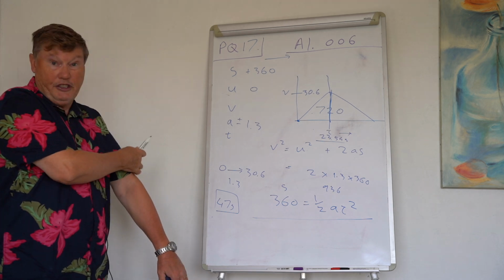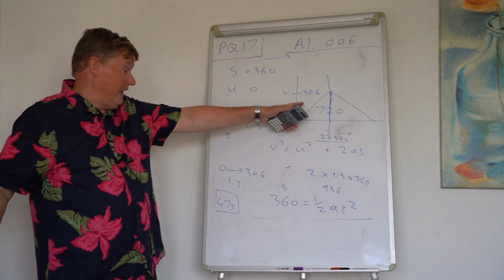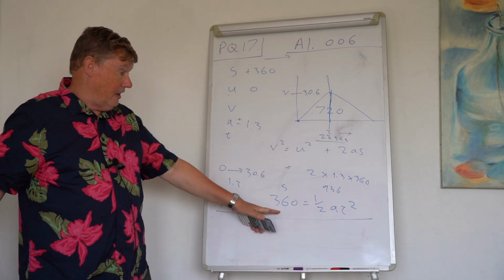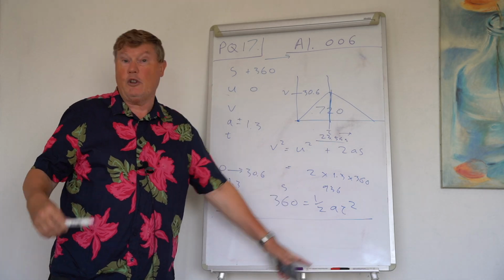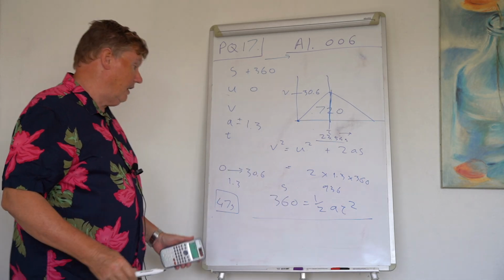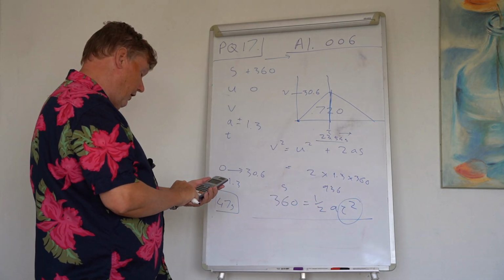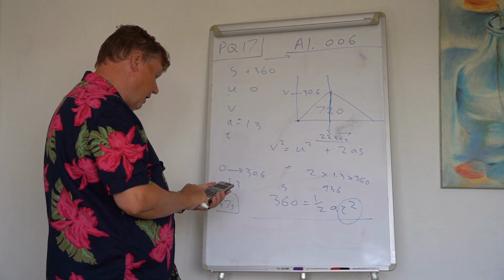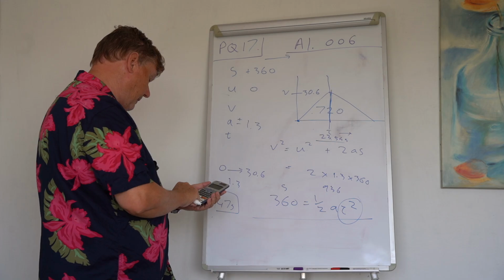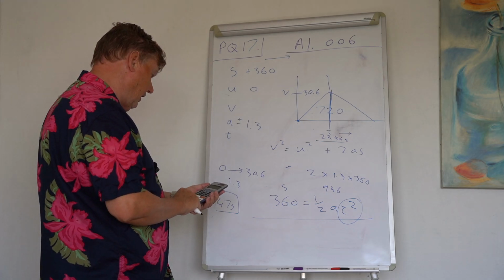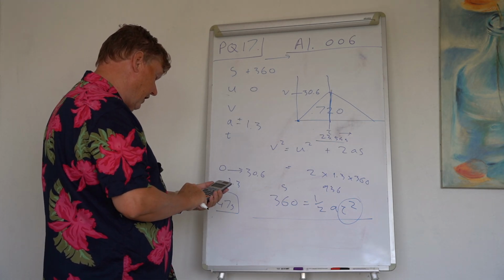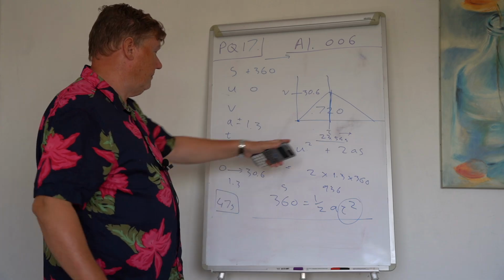So the way I would do it actually is to draw the thing, write that down and find t first. But they wanted you to find v first. It doesn't really matter. So if we try to find t from there, let's go. 360 times 2, divide by 1.3, don't worry about signs, square root the answer, 23.5 again.